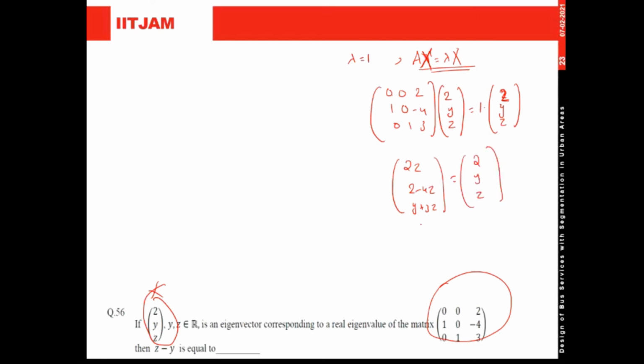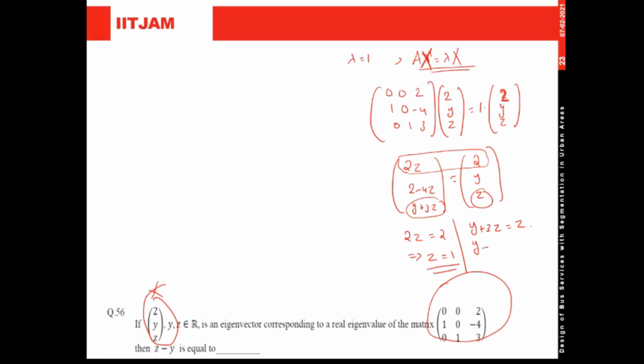So if you equate, from the first equation you will get 2z is equal to 2, which implies z equal to 1, right? And from the last equation we will get y plus 3z is equal to z, and I already got z equal to 1.